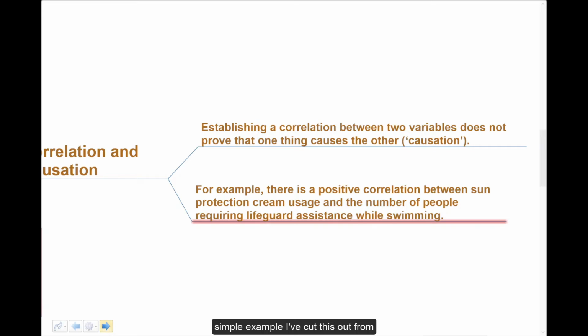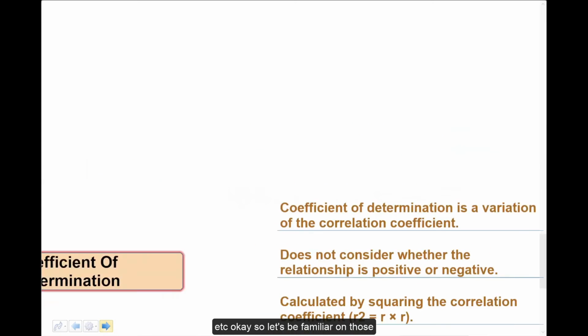The simple example, I've cut this out from the study text, maybe a positive correlation between sun protection cream usage and the number of people requiring lifeguard assistance while swimming. Clearly, there's no causation there, although there may be correlation. You've got more people outside, more people on the beach, etc. Okay? So let's be familiar on those terms.